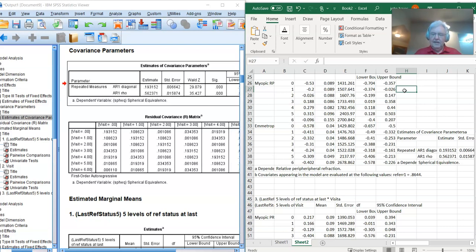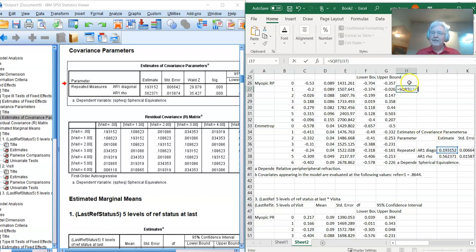We're going to say equals the square root of the variance. Equals SQRT of that.